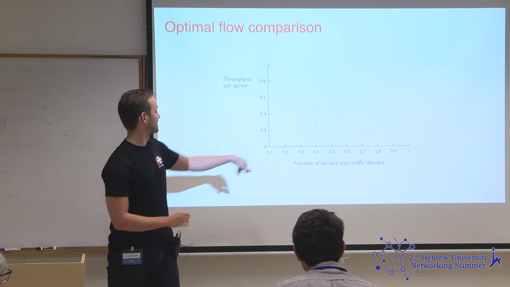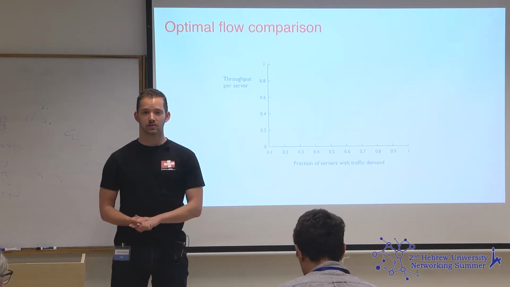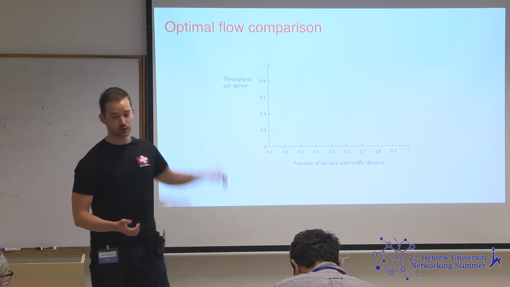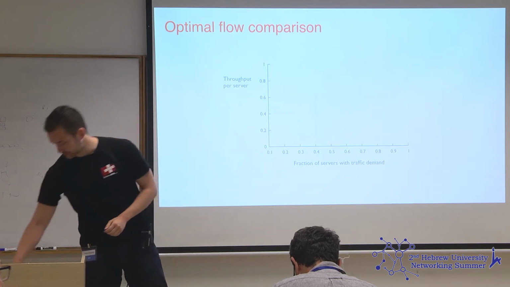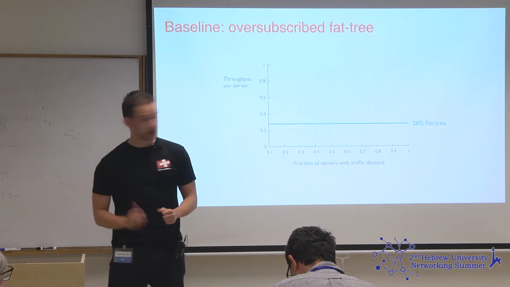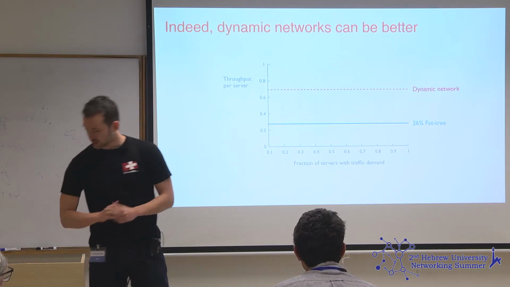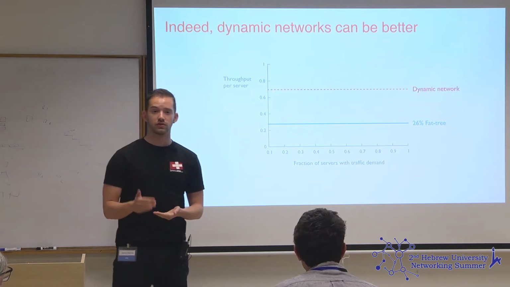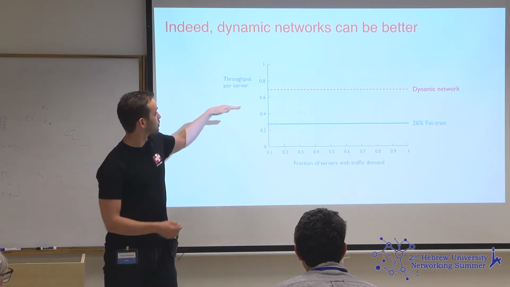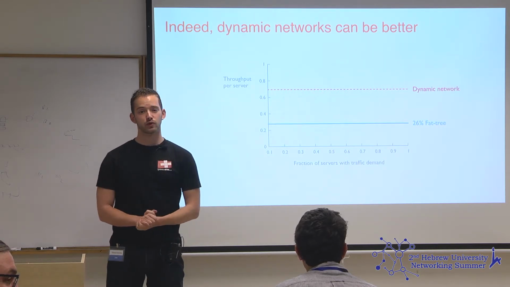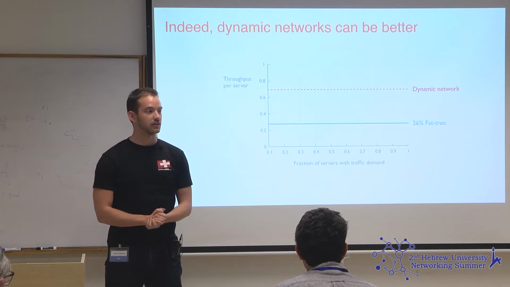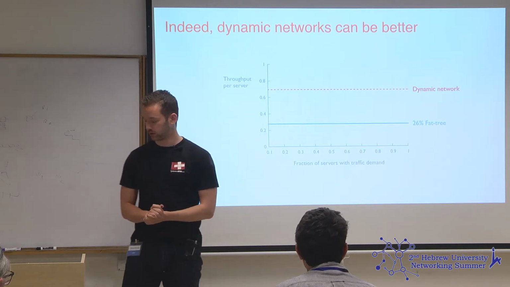Again, on the x-axis we have the fraction of servers with traffic demand, so skewness. On the y-axis we have the amount of throughput attained per server. The fat tree is able to achieve this level of performance. The dynamic network, at an equal cost point as the fat tree, is able to achieve a significantly higher amount of throughput per server, as has been indicated by the body of research so far.